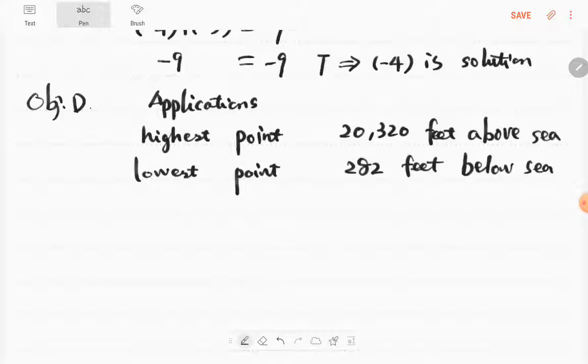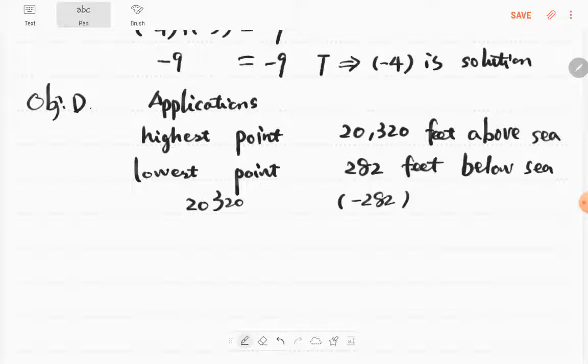So we should treat the number above sea level as a positive number, and we treat this 282 below sea level as a negative number. So we will use negative 282 to represent it.